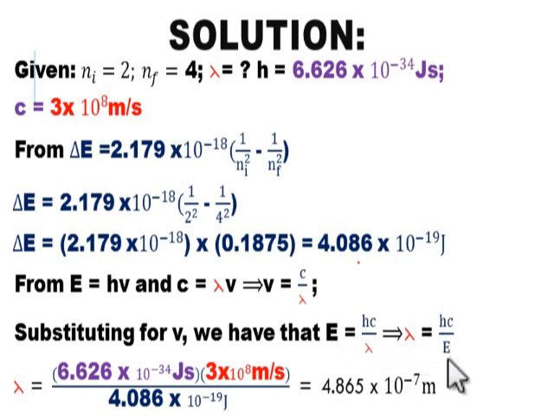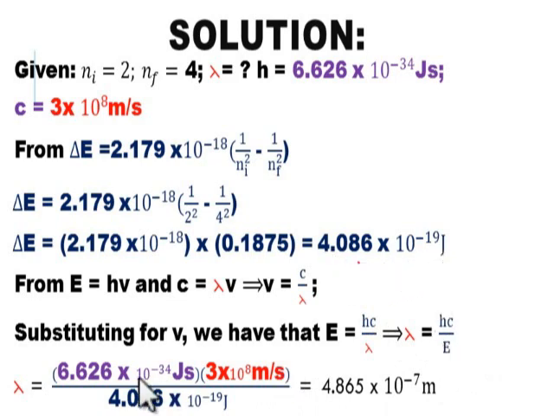At this point, we substitute by replacing each of the letters with their respective values. So we have that the Planck constant h has a constant value of 6.626 times 10 exponent minus 34 joules seconds. And then the speed of light, being C, has a value of 3 times 10 exponent 8 meter per second. And then the energy of the electron has been calculated to be 4.086 times 10 exponent minus 19 joules.